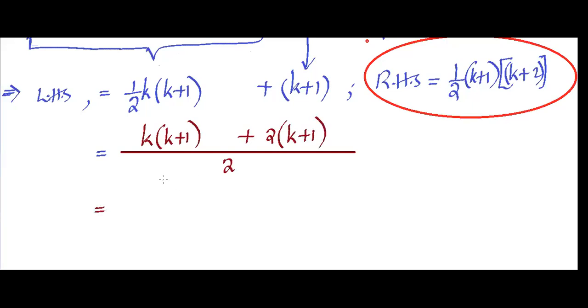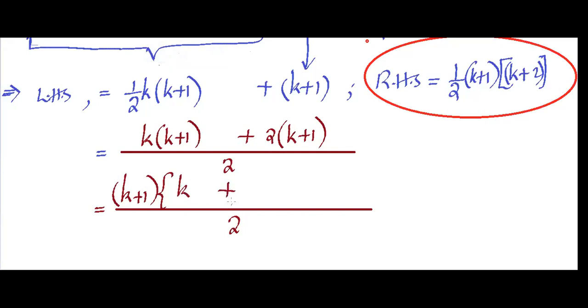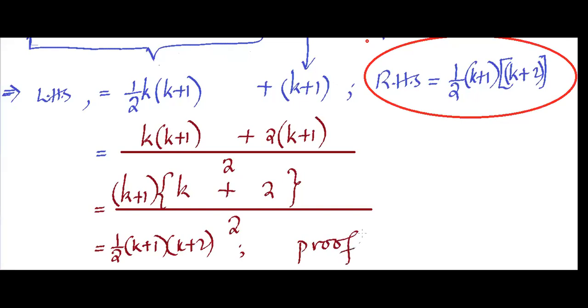And that leaves us at the same as 2, and then you take out k plus 1, and then you have inside k plus 2, and that leaves you with directly a half into k plus 1 into k plus 2. And you can agree with me that at this instant the proof holds.